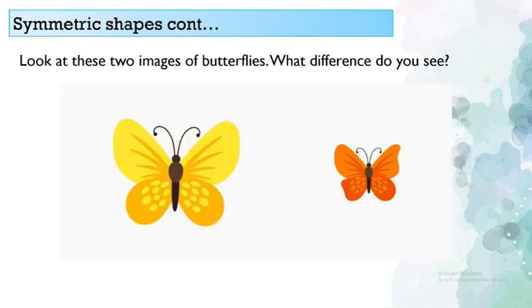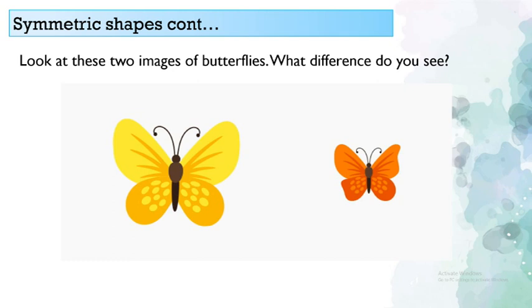Students, let's discuss these two butterflies. Look at these two images of butterflies. What differences did you notice between these two butterflies? The first butterfly looks exactly the same from the left and right side, while the second butterfly does not look the same from the left side and right side.